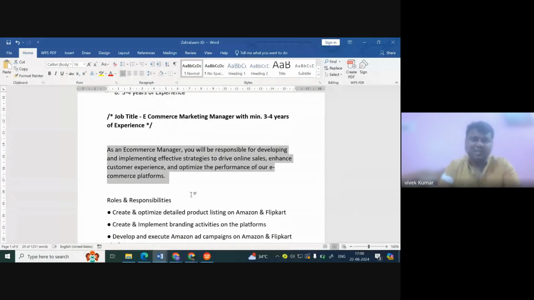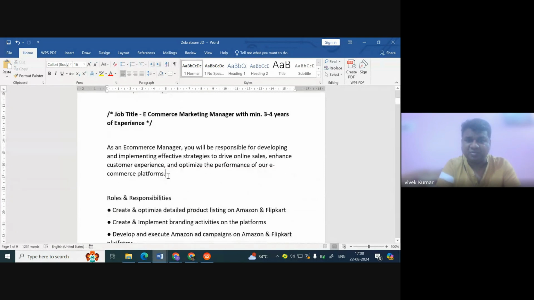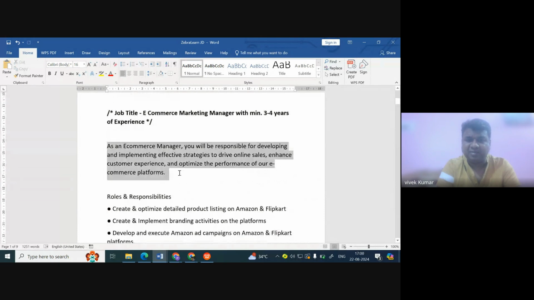Okay. See, I'll tell you. So I think what Smita has mentioned, it's actually correct. And if you remember, whatever I taught you today about the job specification part, it should highlight different aspects of the job, more like a statement. So this statement, as Smita rightly mentioned, is a very generic one.